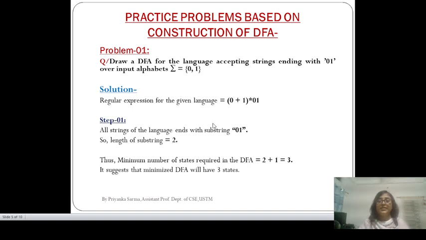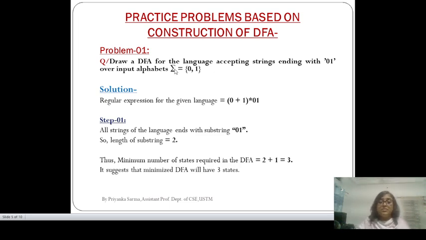Here the given string is 01. First we have to calculate the length of the given string. The length of this given string is 2. So how many states are required to construct the DFA? 2 plus 1, that means 3 states are required.